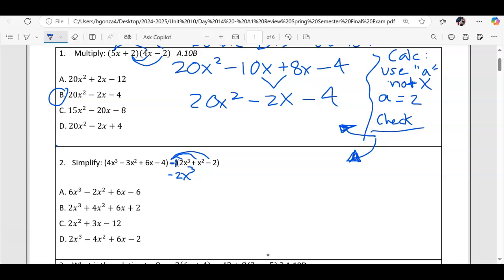Negative 1 times positive x squared is negative x squared. Negative 1 times negative 2 is positive 2. I'm going to bring the first terms down, the first parentheses, that polynomial. And now all I got to do is combine like terms.